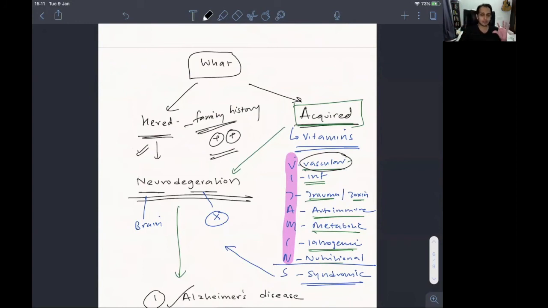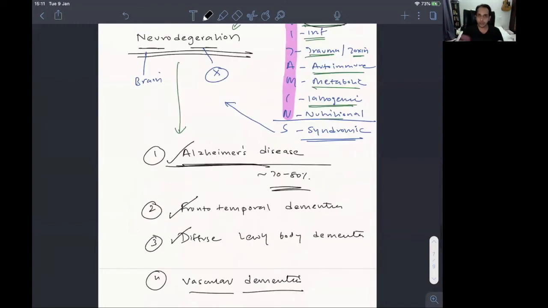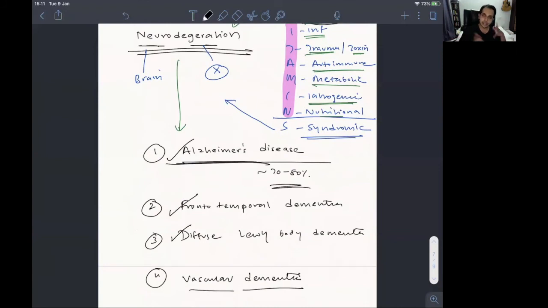And suppose there is no family history and there is a history suggesting something acquired. So one of the vitamins, if you think that there is some problem, then you will go towards that. If suppose there is a strong family history, then you are going towards a neurodegenerative, a hereditary cause. And inside hereditary, the first disease you'll think of is Alzheimer's. All right, so that was all I wanted to discuss about approach to a case of dementia.